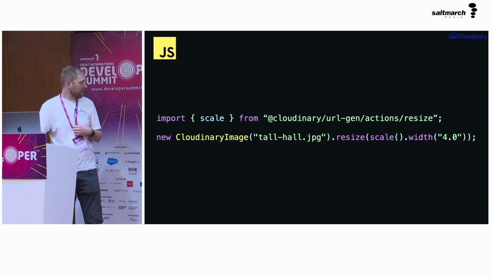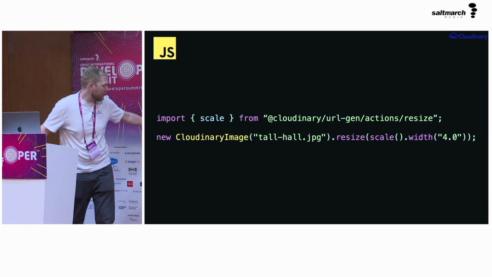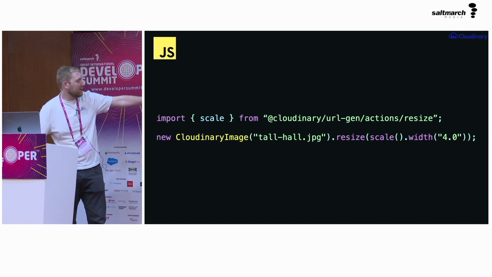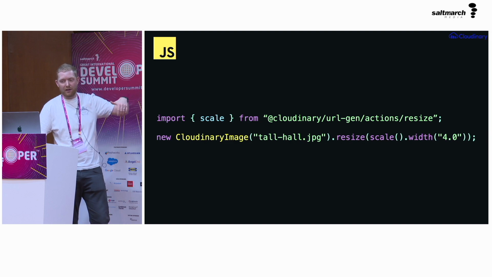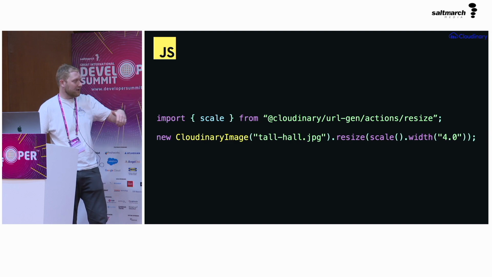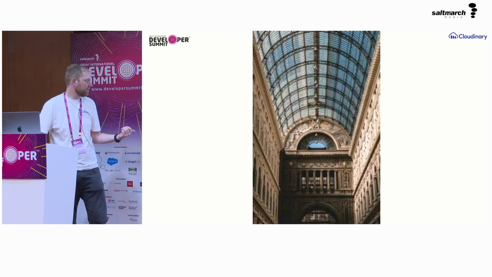So in this case, this is the standard transformation that you might do. We're taking the image, we're resizing it and scaling it up by a width of 4 times. So we're making this image 4 times larger, and that's what it looks like without any help. It's blurry, it's horrible, there's no detail, you can't make anything out.